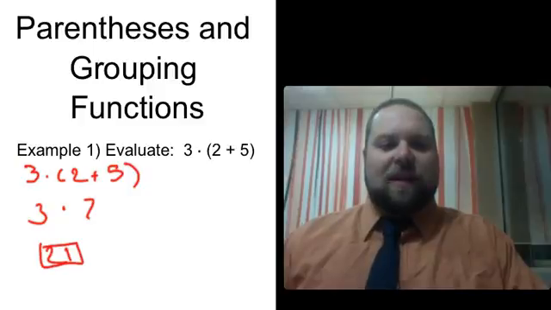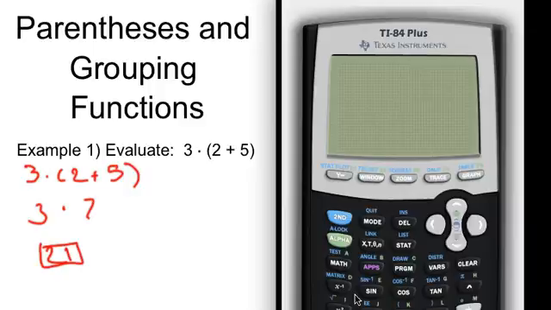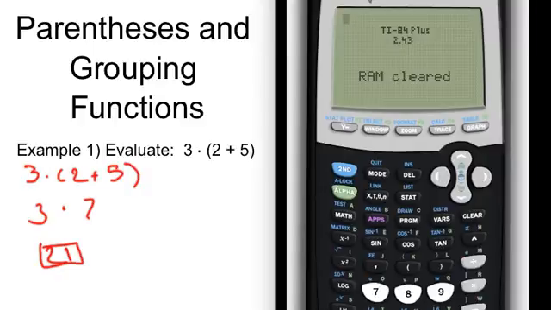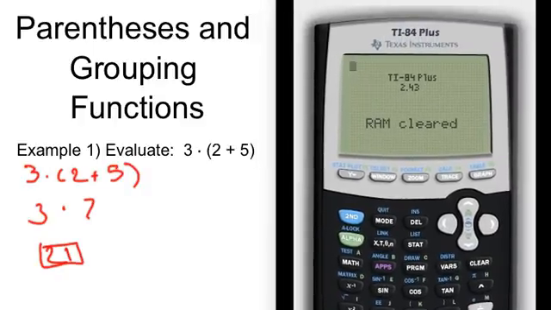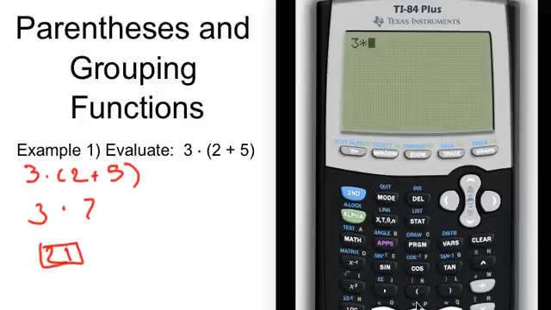Now, something I want to point out that's a little interesting is that your calculators are actually set up to do the order of operations for you. So if you're looking at your TI-84 and you were to punch in those numbers exactly as they appear there, and I apologize, I can't get low enough to show you the 3, but if we put in 3 times, and then we use our parentheses, and type in 2 plus 5, your calculator actually knows the order of operations and will apply these correctly to give you the answer.